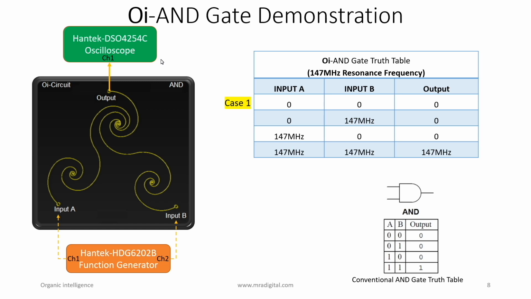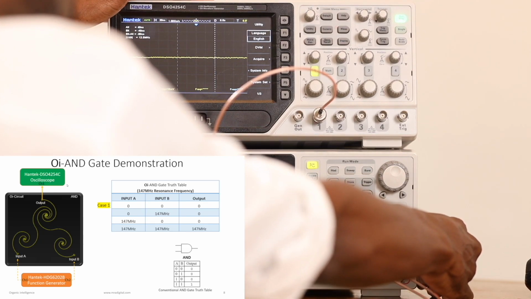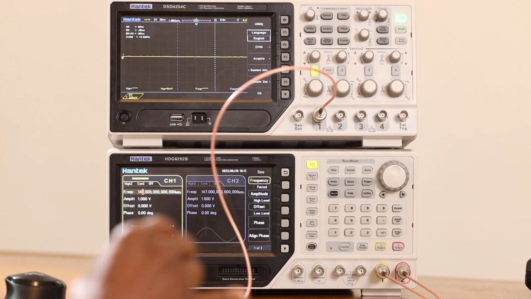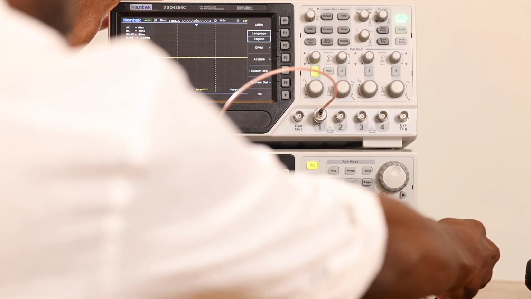And that's obvious. So now let's turn on channel 2, which will be case number 2. Input A will be 0 volts, and input B would be 147 megahertz. So let's turn on input B, which is set to channel 2.